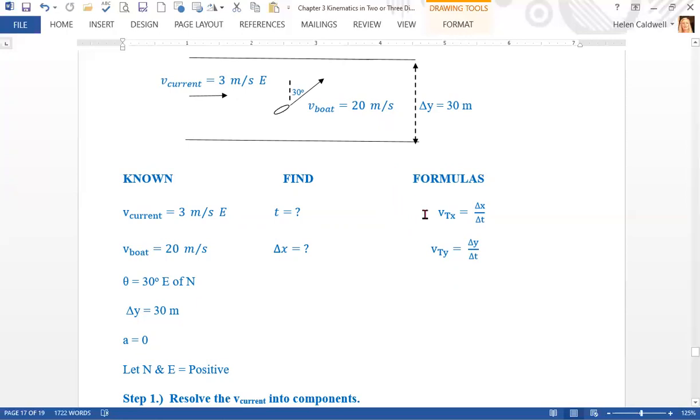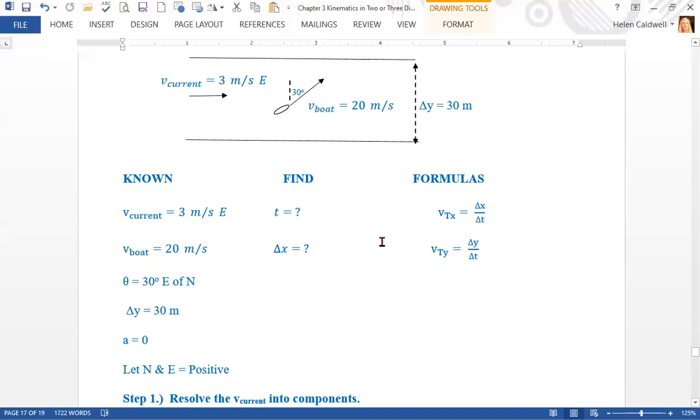We know that v total in the x direction is delta x over delta t, and we know that v total in the y direction is delta y over delta t. Why is this true? Because there is no acceleration. If there is no acceleration, your formulas just got really easy. You could use the same formulas we had before as long as you made acceleration equal to 0. And they'd reduce to the same thing.